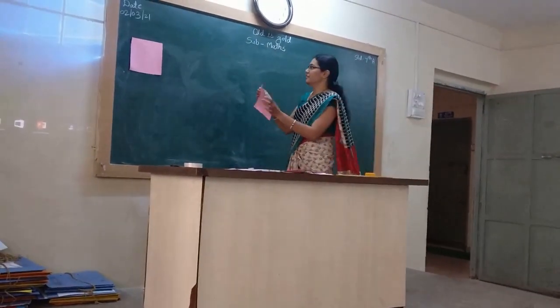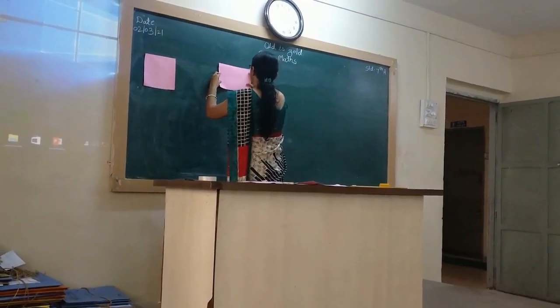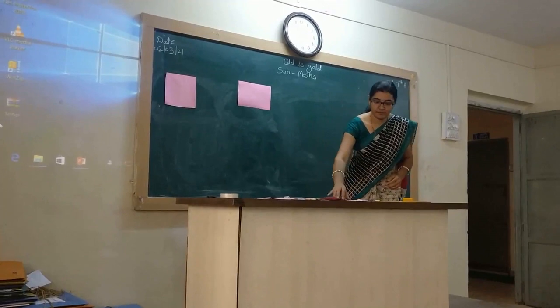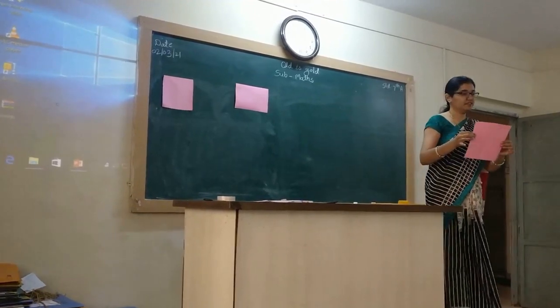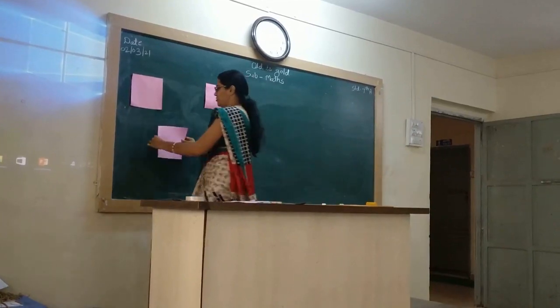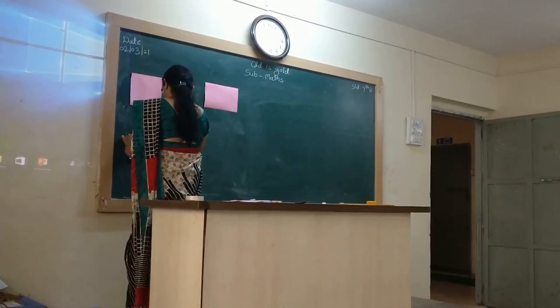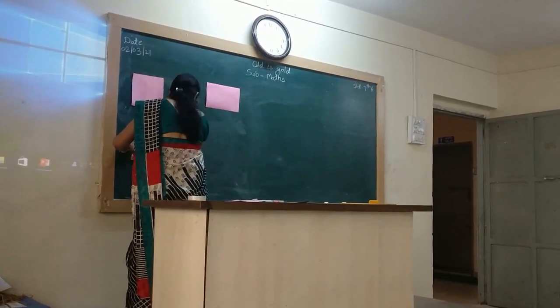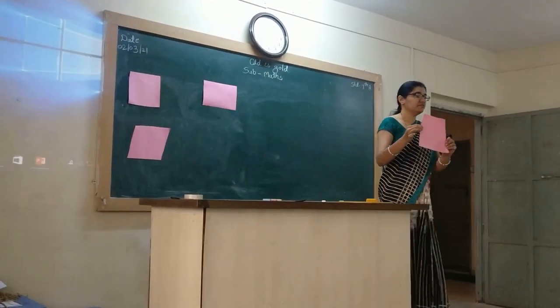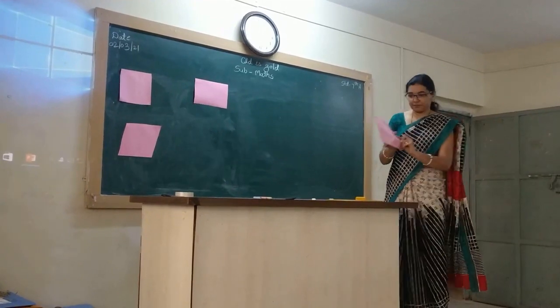Rectangle, yes. This one? Rhombus. Correct. And this one? Trapezium. Yes, good.